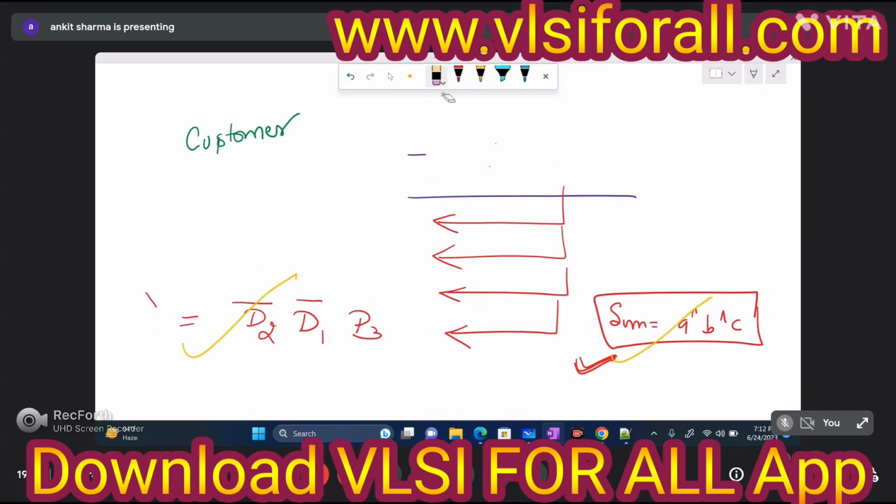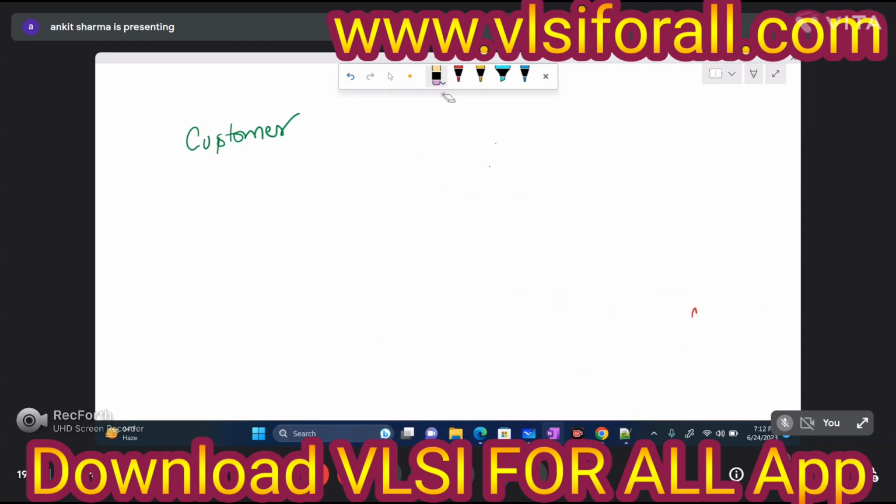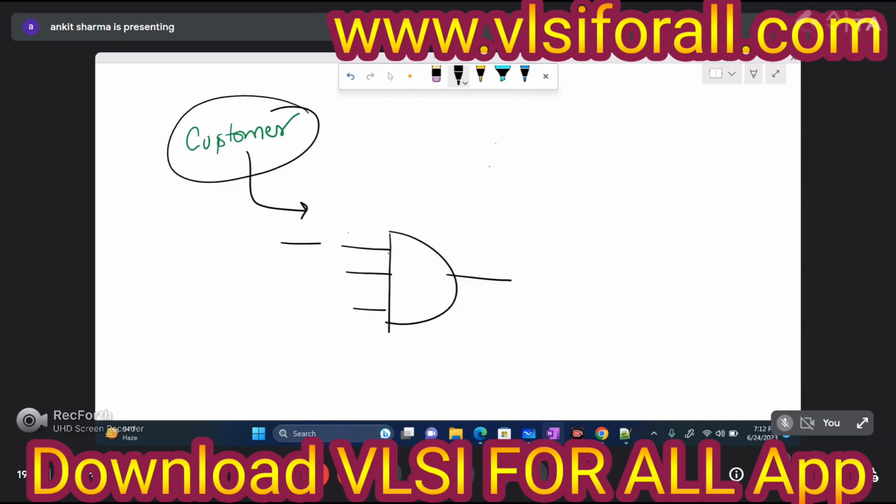But these are expressions, these are not circuits. So circuit could be in the form of gates. So finally जो डायरेक्टर वाला एग्जांपल था उसका कुछ ऐसा होगा. So customer came to you and you will give this one.